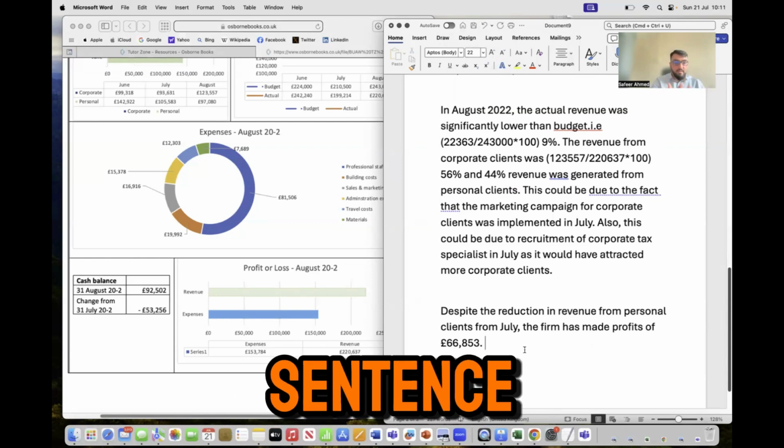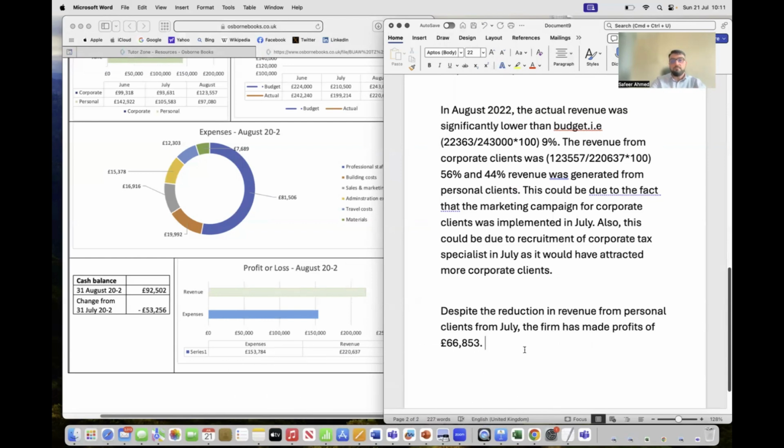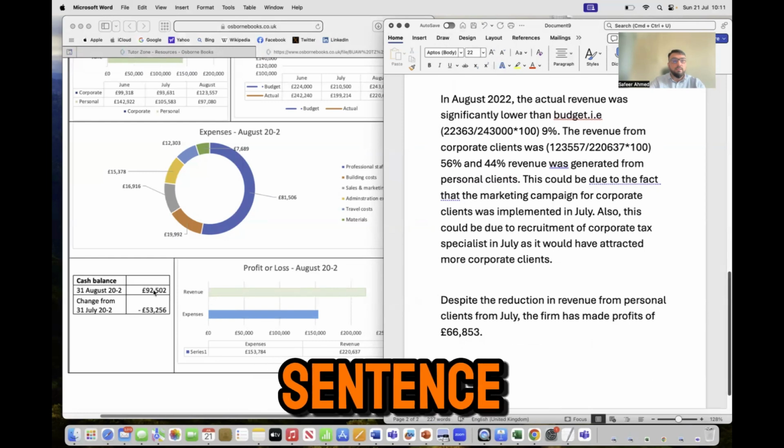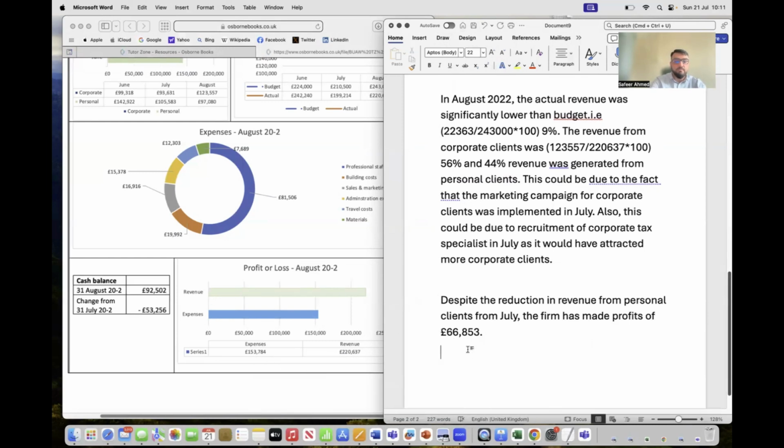So you wrote a sentence about that. And then you can write a sentence about cash balance as well.